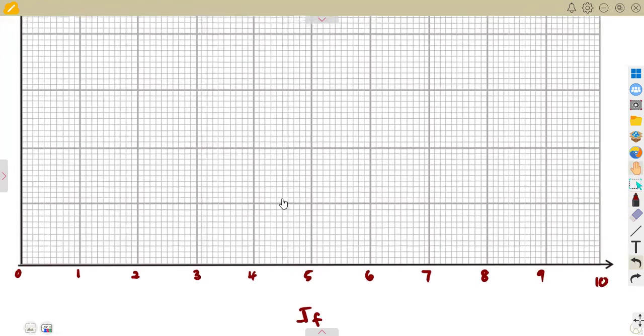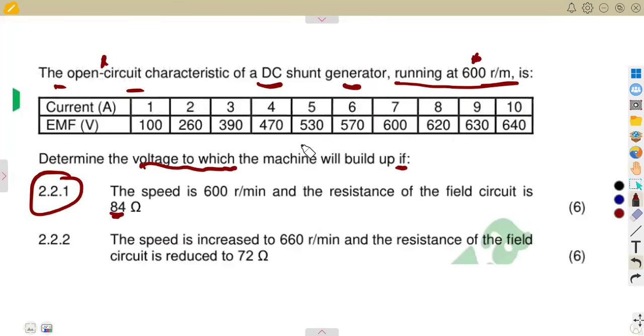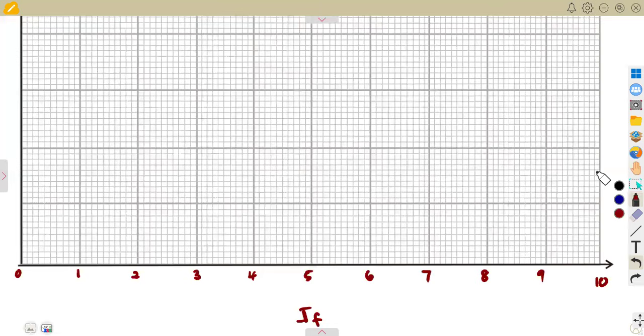Then on the voltages, let's consider what the best scale can be. The values go 100 and so on, up to 640, which is 6 boxes, so you can use 100 per box and that is fine.